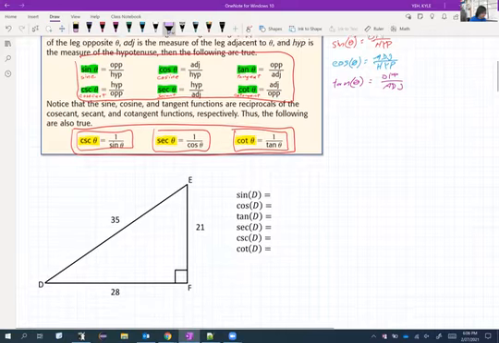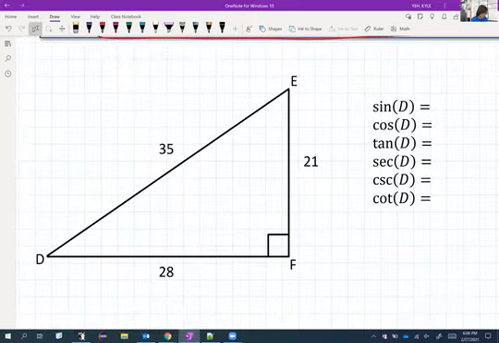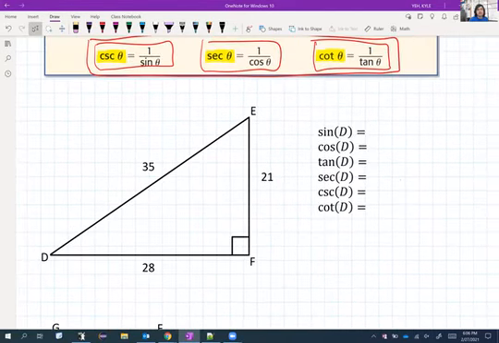Well, the first thing that we're going to be able to do with triangles is write out the ratios of these trig functions. Looking at this triangle, bringing a little bit of geometry knowledge in here, remember that angles are typically referred to and labeled with capital letters. So you can see we have triangle DEF, and each of those vertices is labeled with a capital letter.